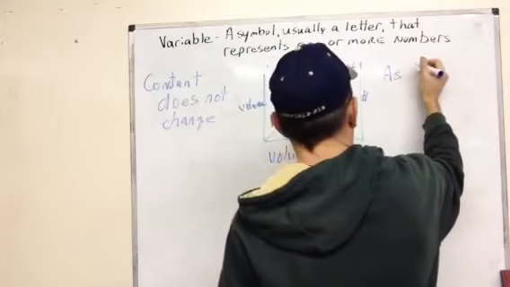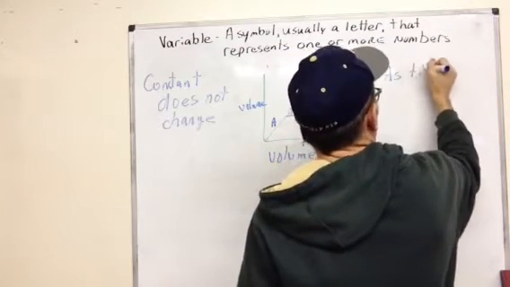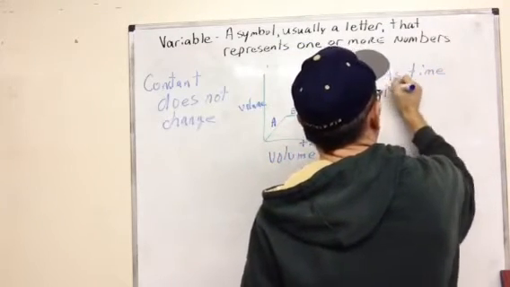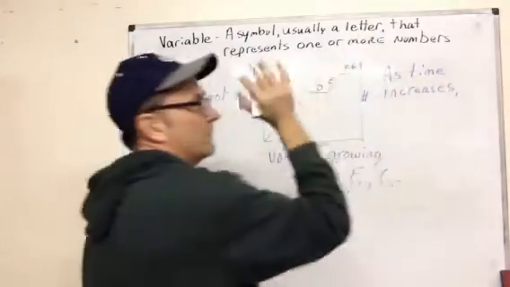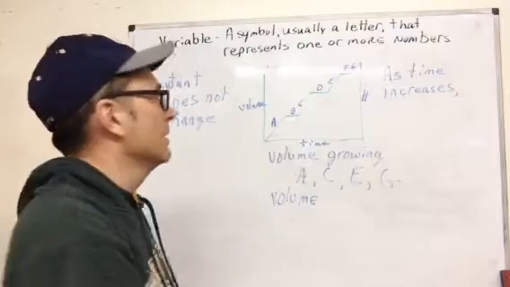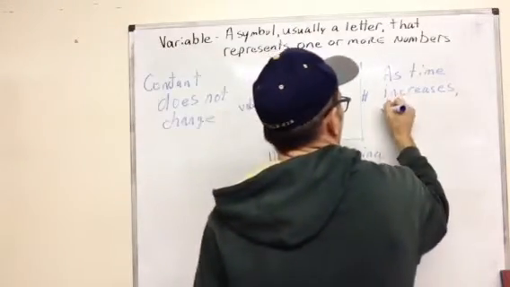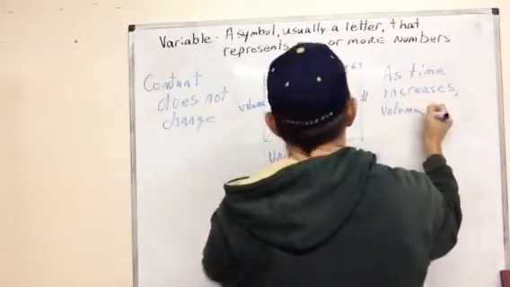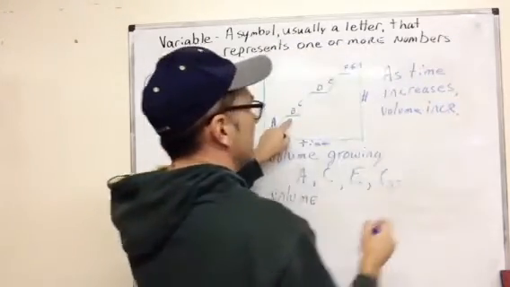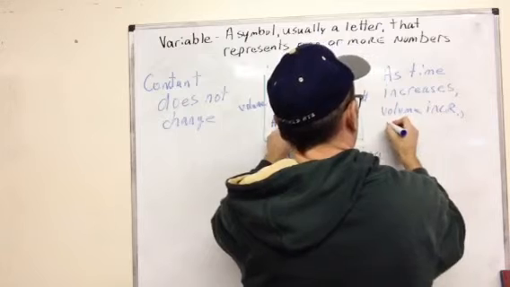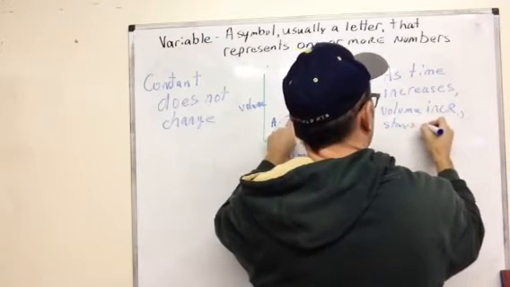So we can describe this as time increases. Again, it's always going to be as our X value increases every single time. Volume increases, and I'm going to abbreviate here.